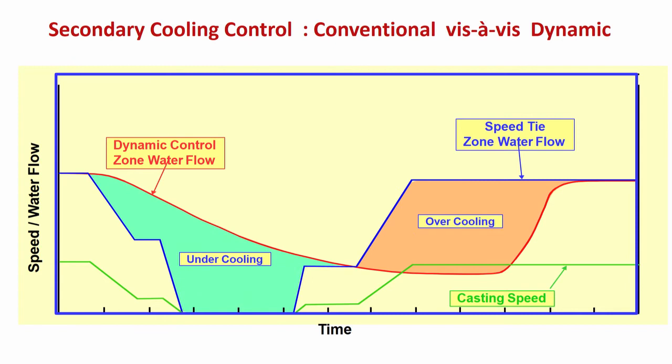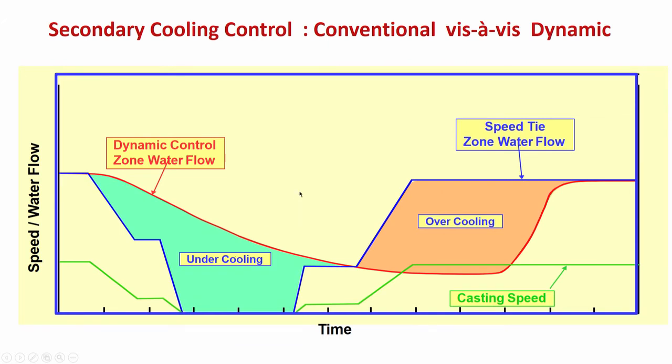So, accordingly you have designed a priori how much cooling water should come down. So, cooling water you have controlled this way. So, you see cooling water is coming down, but there is no overcooling or undercooling. In case of mechanically linked water intensity with casting speed, there will be some overcooling, there will be undercooling.